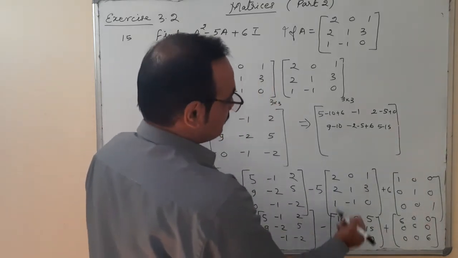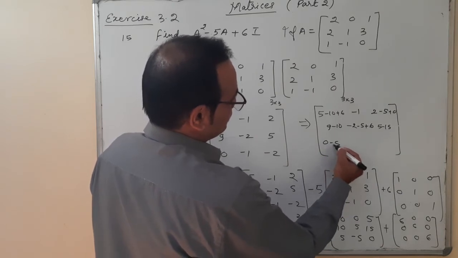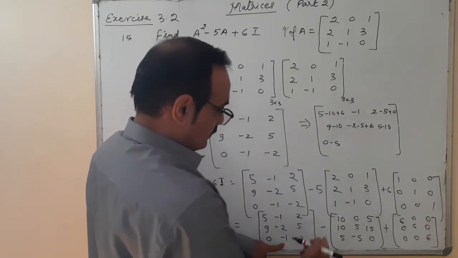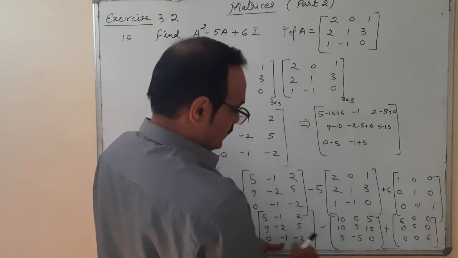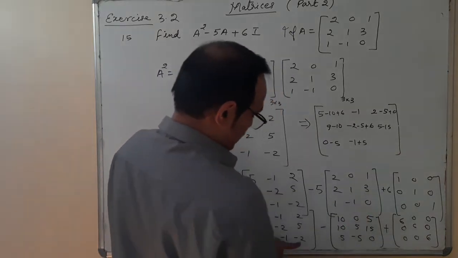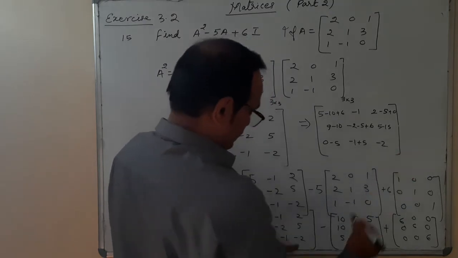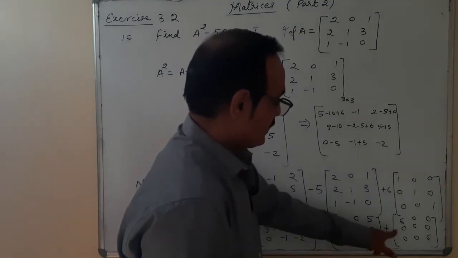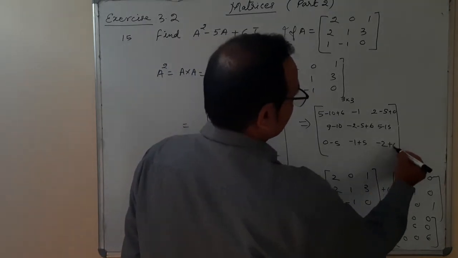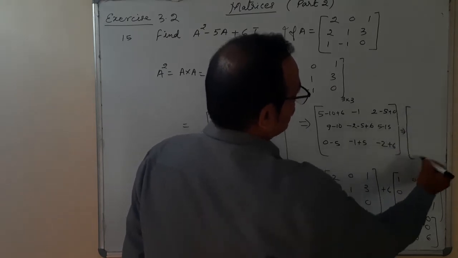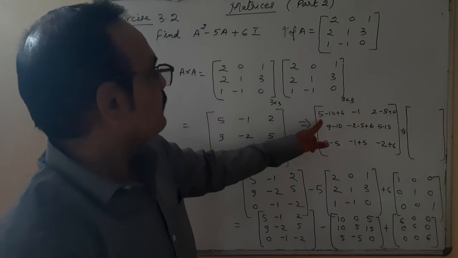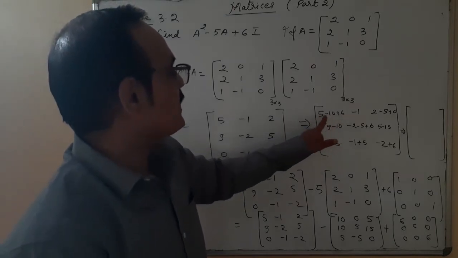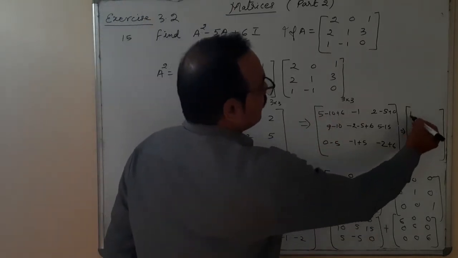0 minus 5. Minus 1 plus 5 plus 0. Minus 2, 0 and plus 6. So that means what is it? 5 minus 10 plus 6: 6 plus 5, 11 minus 10, 1.